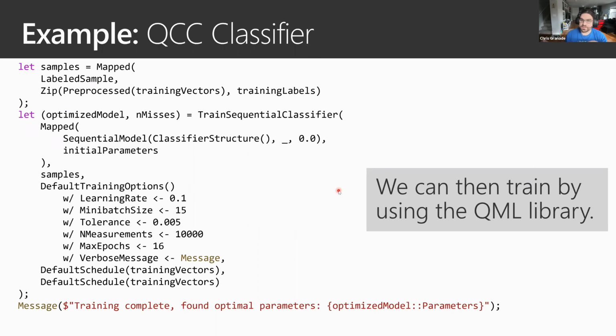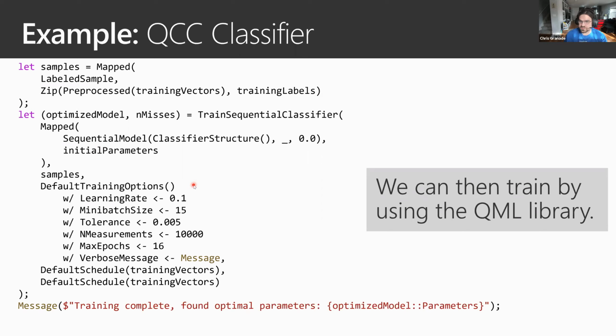I can then train using the quantum machine learning library that we released last month. Once I have those pre-processed samples, I can feed them into the train sequential classifier operation provided with that library. And when I do that, there's a number of different options that I can control as I call. Some of them are familiar to a classical machine learning workflow, such as the learning rate, so how much you multiply the derivative by each time you use that to do a gradient step.